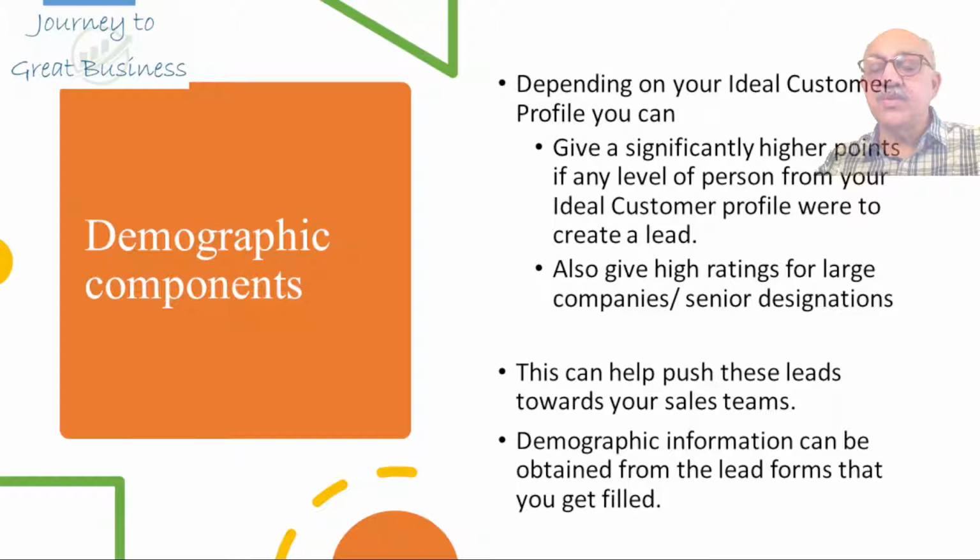What happens because of this is that it always highlights those customers which are your ideal fit to your salespeople. These inquiries always get pushed up because your rating numbers are added, and so they become more prominent for the salespeople.